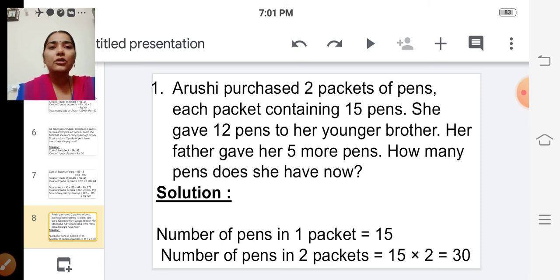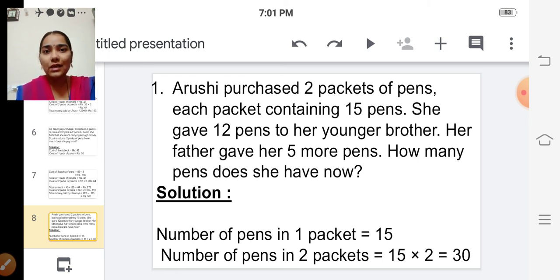Arushi purchased 2 packets of pens, each packet containing 15 pens. She gave 12 pens to her younger brother.